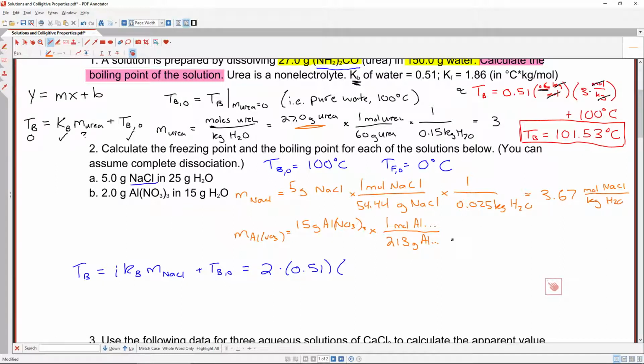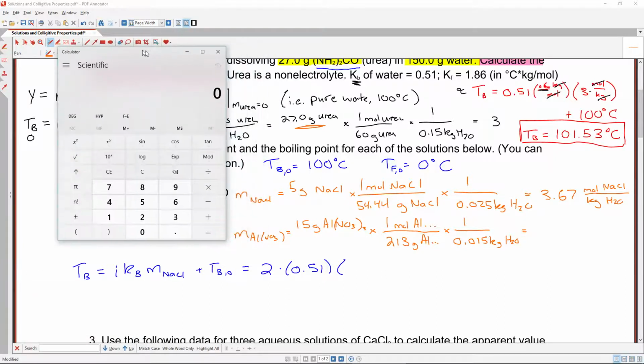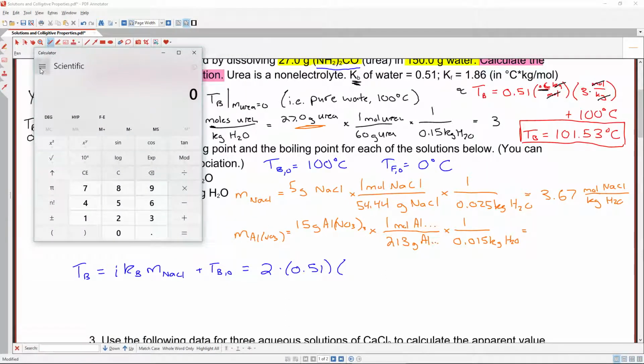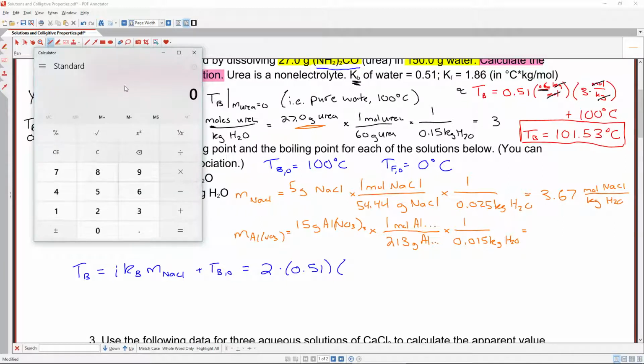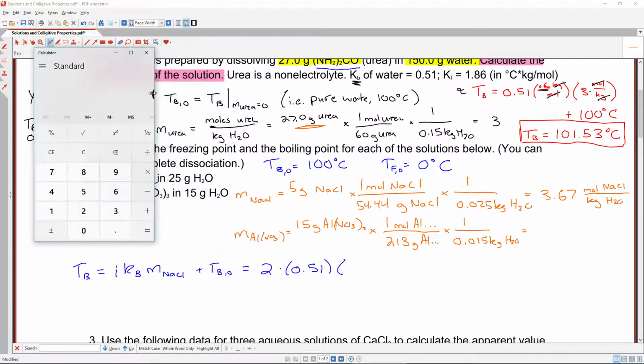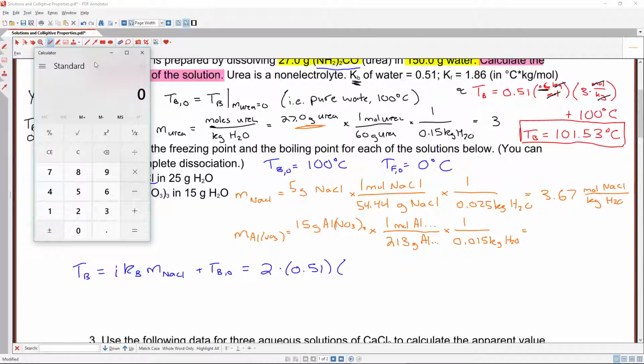That's nitrate, right? Yeah. Okay, and then this solution is in 0.015 kilograms of water. Okay, and then calculator. Can I change this to normal calculator? It's too big. Awesome. There we go. Much better. I'm just going to use my number pad.